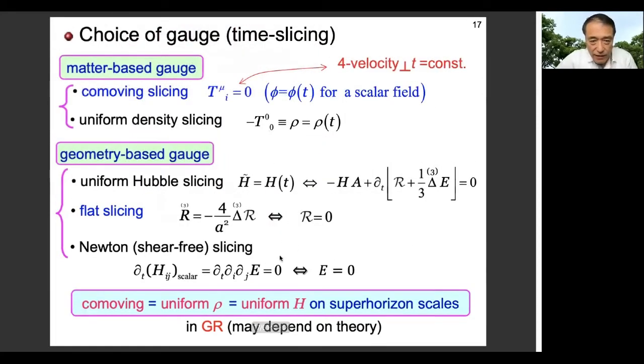Okay, and this is in the case of general relativity. In the case of general relativity, you can easily show that the co-moving slice is essentially equivalent to the uniform density slice, which coincides with the uniform Hubble slicing.